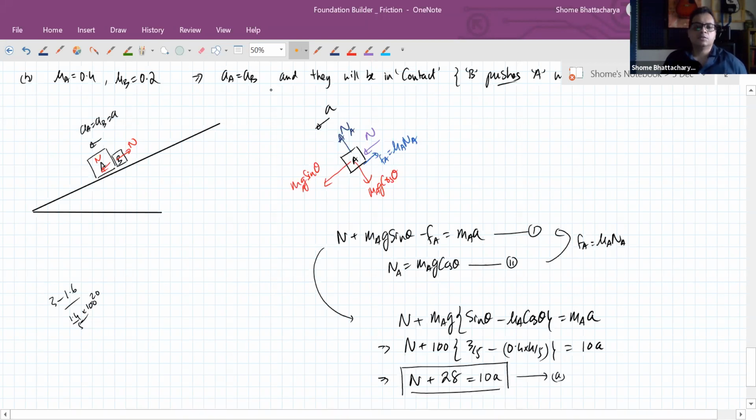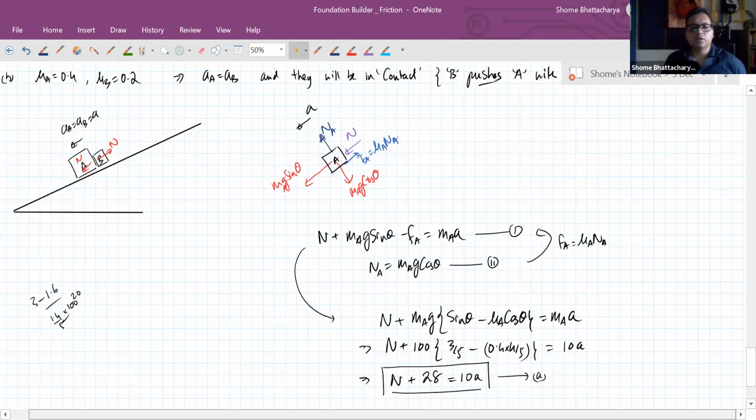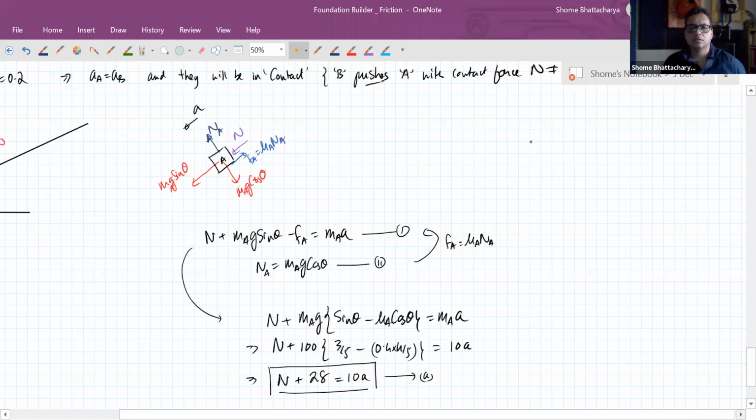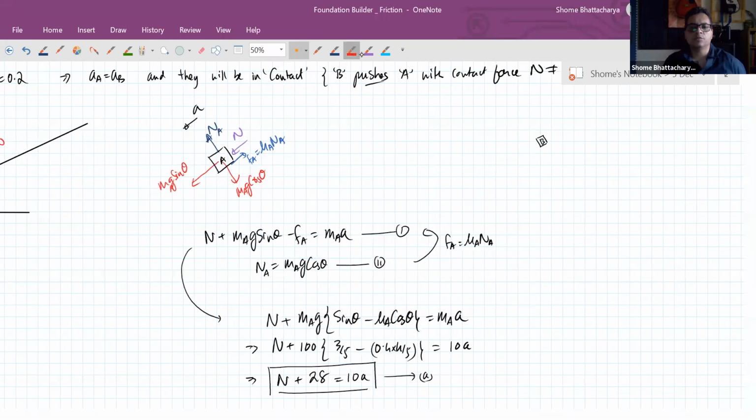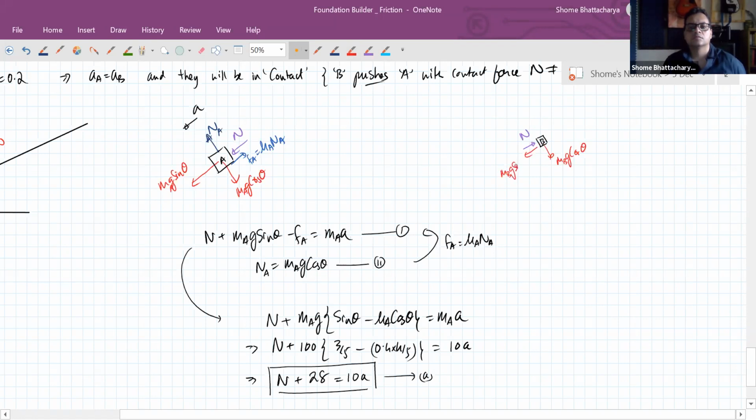Okay. Now similarly, we can make the block B's free body diagram and write an equation for that. So for the block B, the contact force is like this, okay, whereas weight's components are like this.